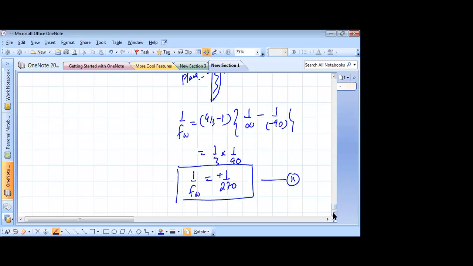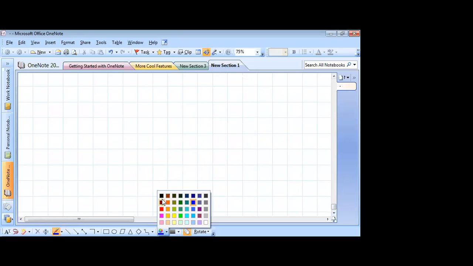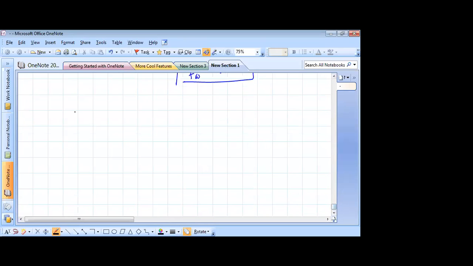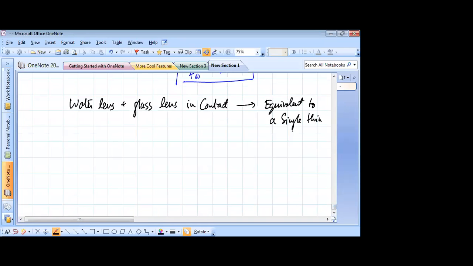So now water lens plus glass lens in contact, it is equivalent to a single thin lens which has focal length such that it is like this.